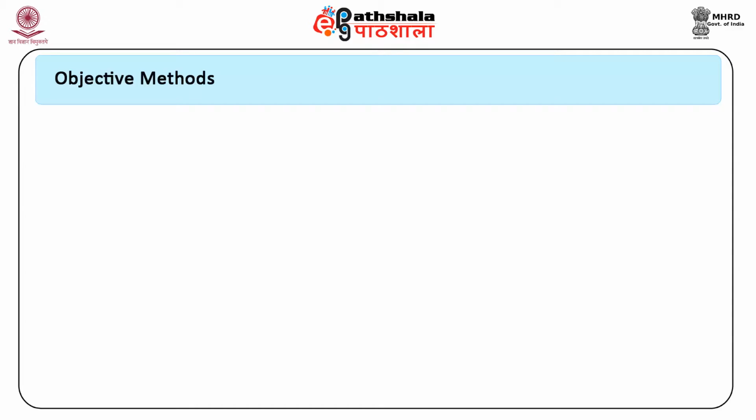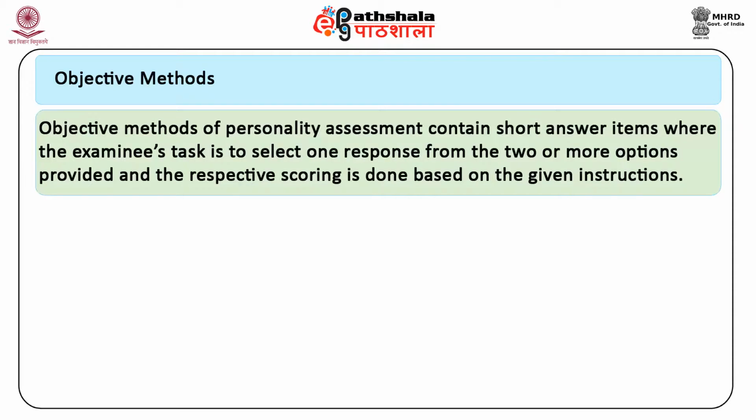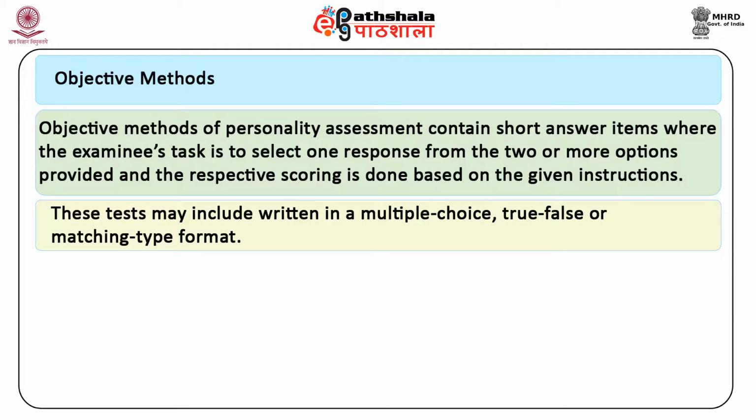Objective methods. Objective methods of personality assessment contain short answer items where the examinee's task is to select one response from the two or more options provided, and the respective scoring is done based on the given instructions. These tests may include written in a multiple choice, true false, or matching type format.